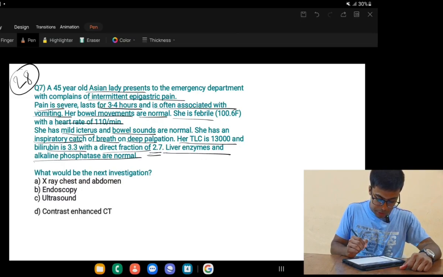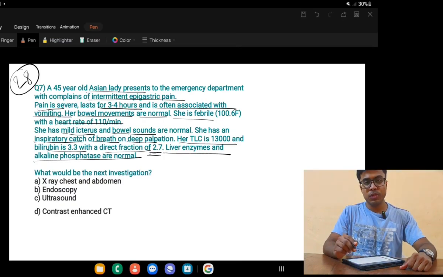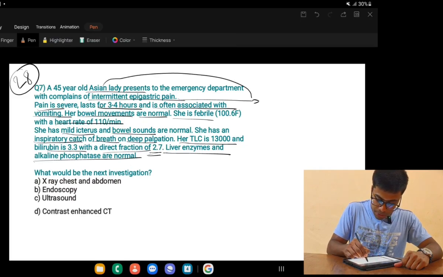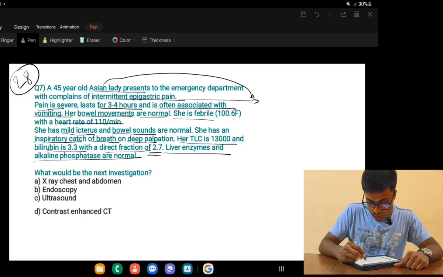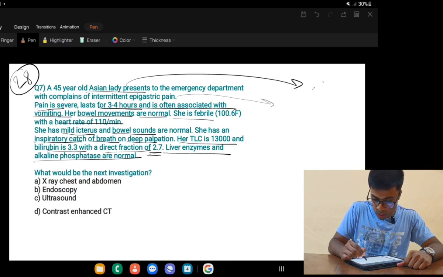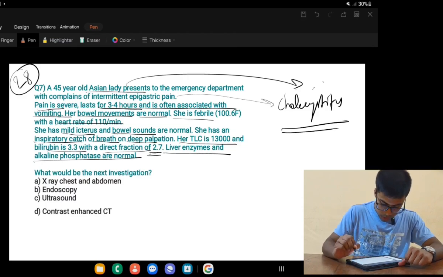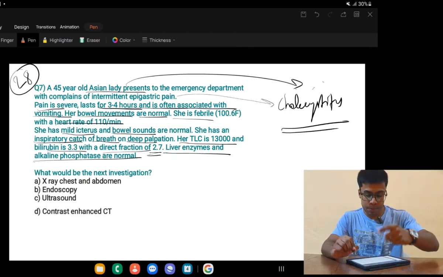So what is this? Asian, intermittent epigastric pain, it must be cholecystitis. So first you should diagnose this case, and now this is again a one step ahead question.